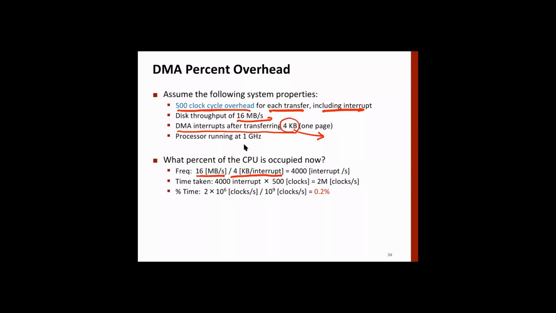So we will have 4,000 interrupts per second, and each interrupt takes 500 cycles. So 2 million cycles will go in handling interrupts in a second. And we can see that the percentage is just 0.2%.